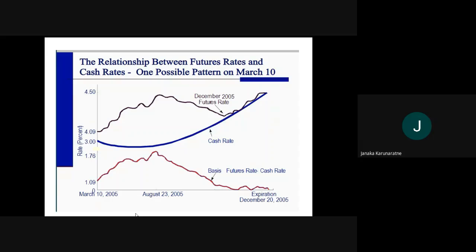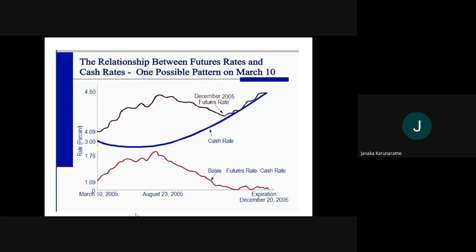For example, I have inserted a few slides to explain this. If you look at the top part, this is extracted from the futures exchange for a particular future expiring in December 2005. Let's say you are a holder of this future.